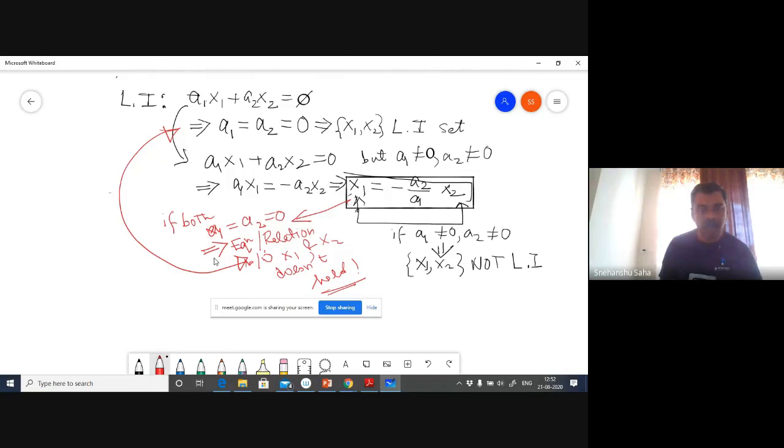So now we can formalize this definition of linear independence, because this forms the crux of what we are going to do.